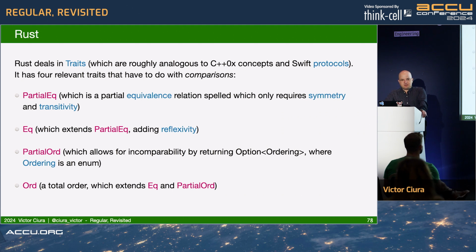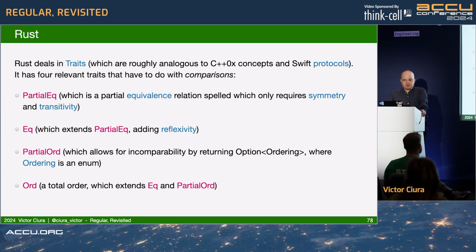These ideas appear in other programming languages as well, that I'm familiar with, for example, Rust and Swift. They both have the same ideas of concept things. They're called differently. In Swift, they're called protocols. In Rust, they're called traits. They're not like C++ concepts, really.